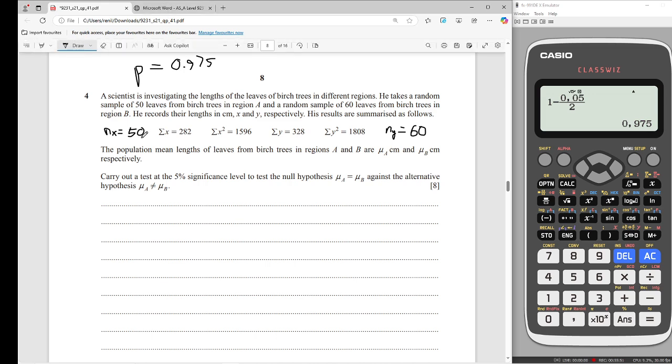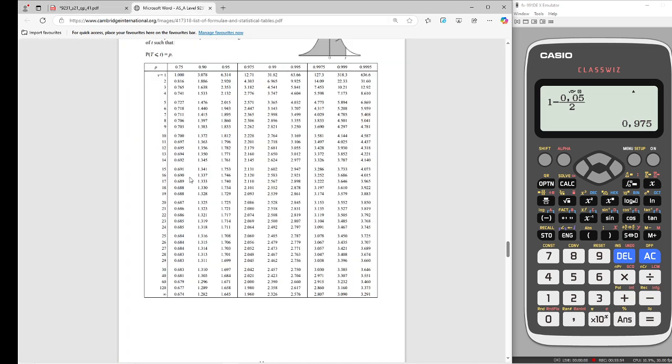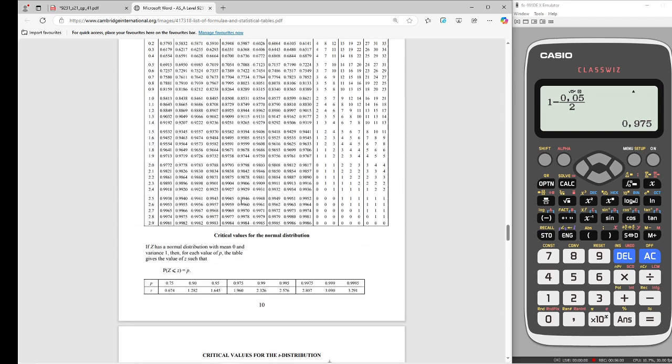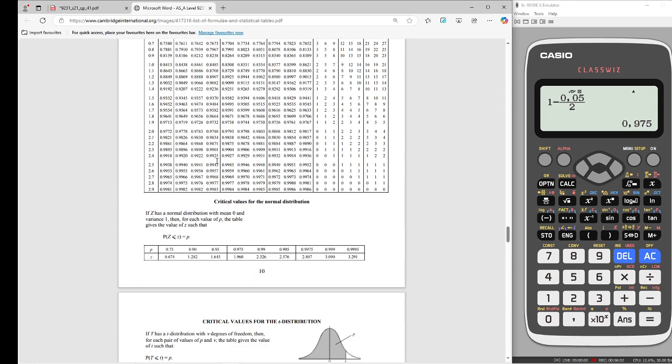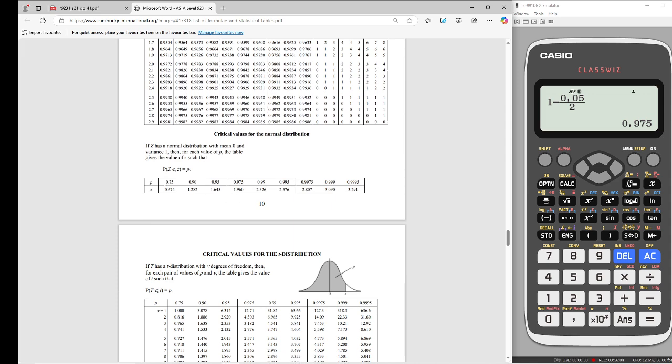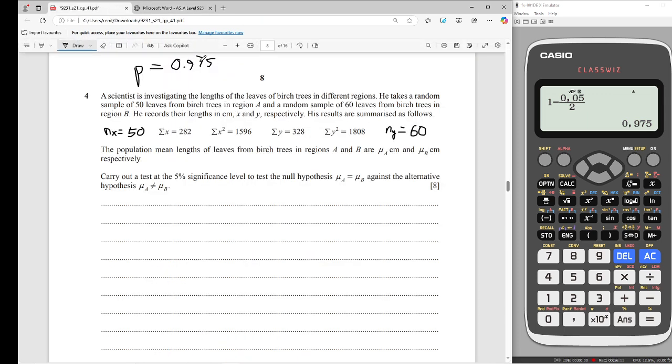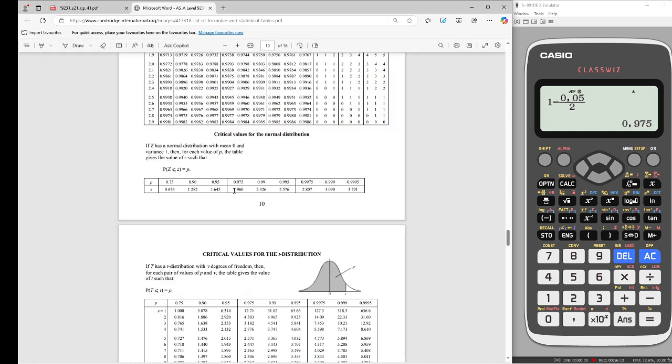So we have 110 minus 2, which is 108. It's nowhere to be found here because there's no degree of freedom of 108 written here, so you can move to over here. We don't need to find the degrees of freedom for this question. All we need is the p-value, and we've calculated the p-value as 0.975. So we know that our critical value is going to be this 1.960.